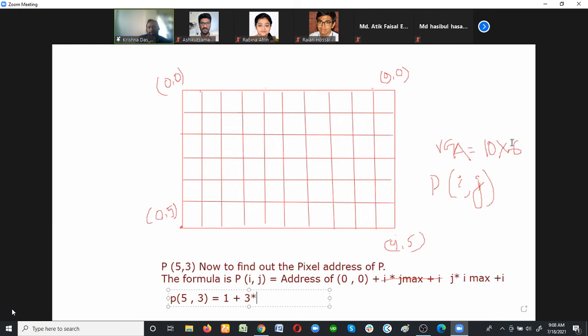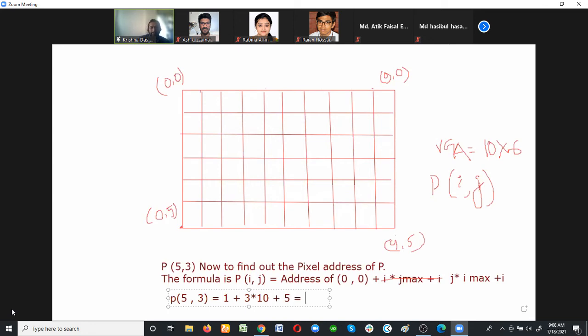The values for i max and j max are your resolution. So i max is 10 and j max is 6. So i max is 10 and plus i is 5, right?